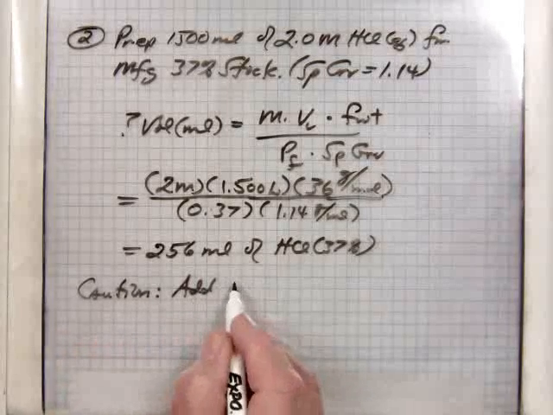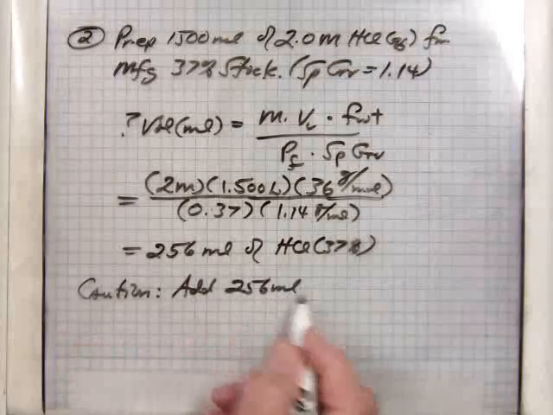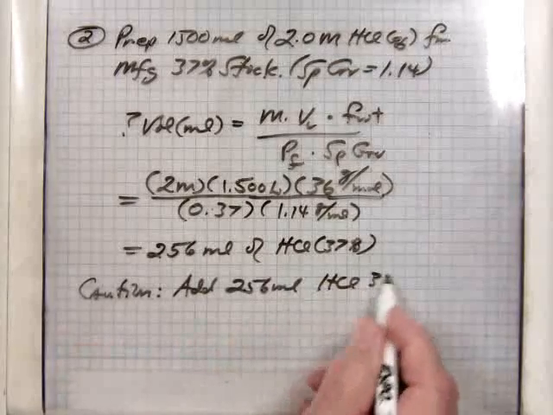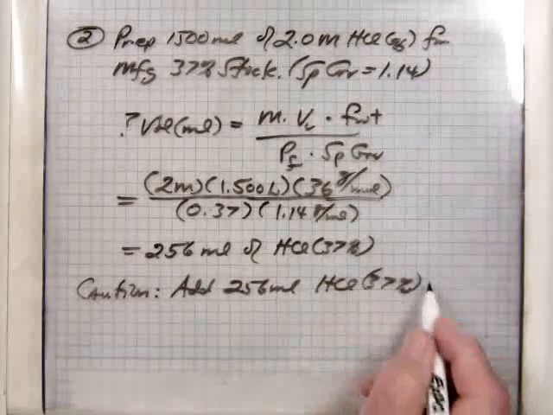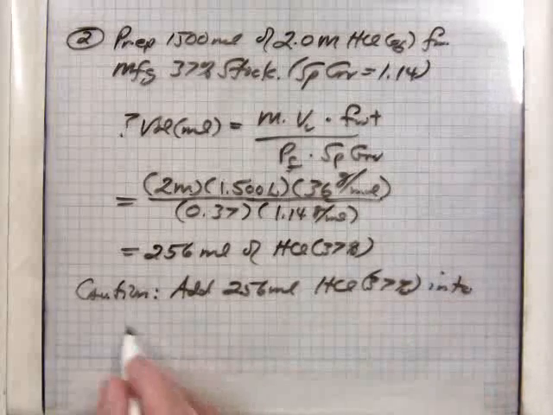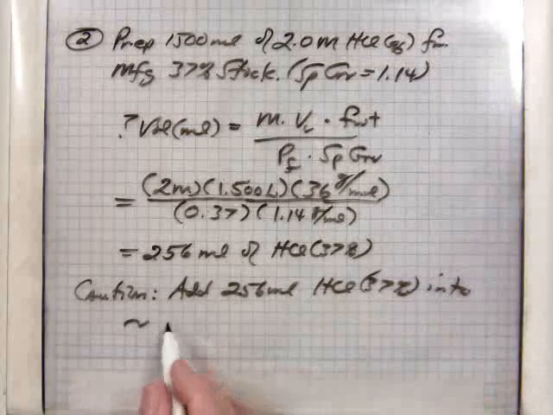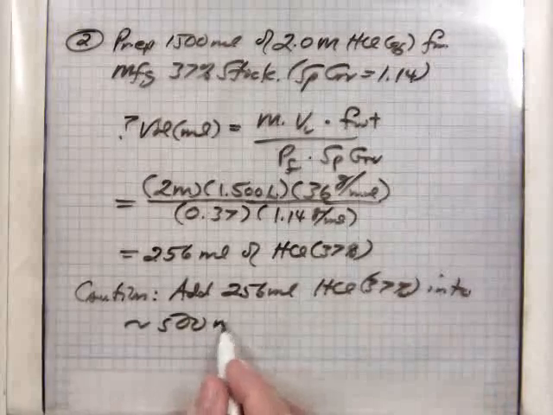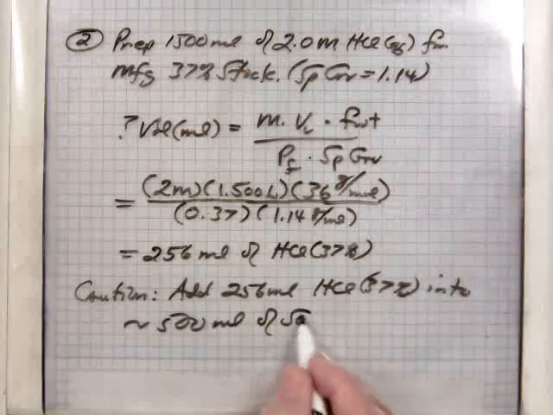And caution, add the 256 mils of HCl 37% into, say, 500 milliliters of solvent water.